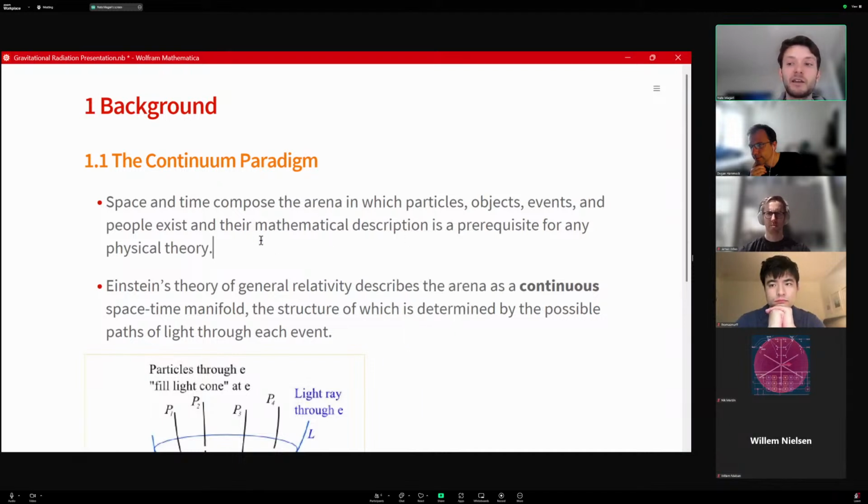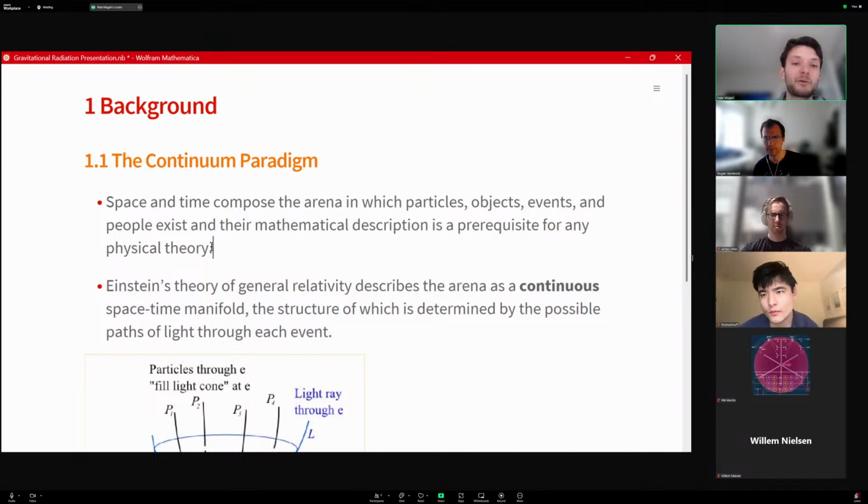And with Newtonian and classical mechanics, there was this absolute notion of space and time that any two observers can agree on, on what time it is and how much time has elapsed between two events and what the distance is between two events.